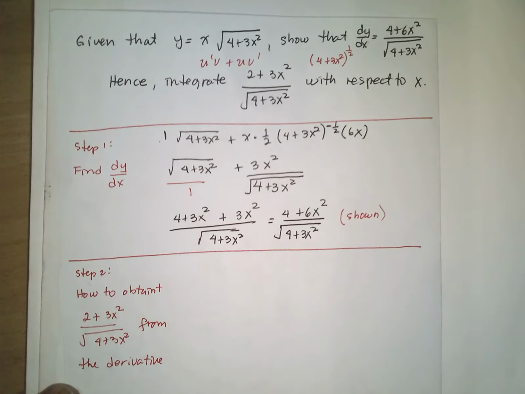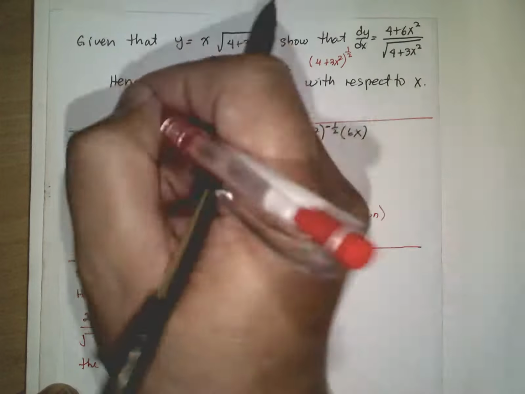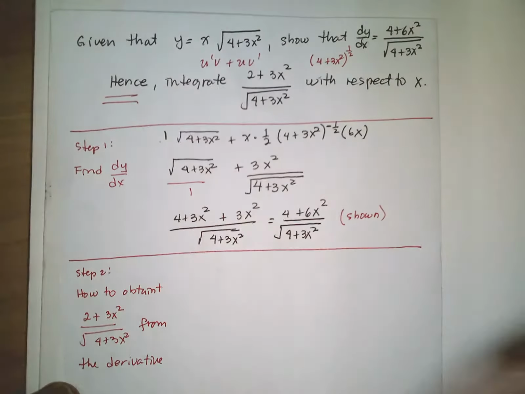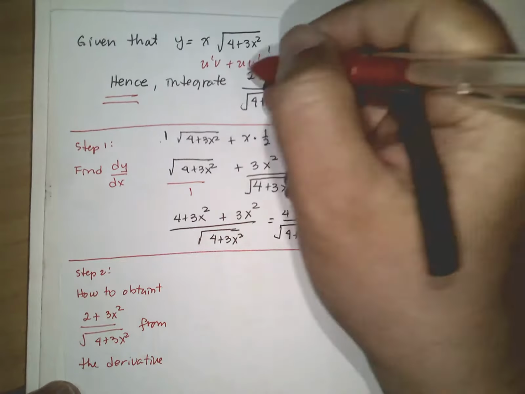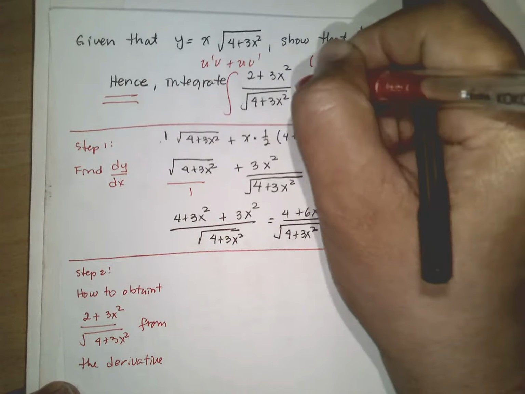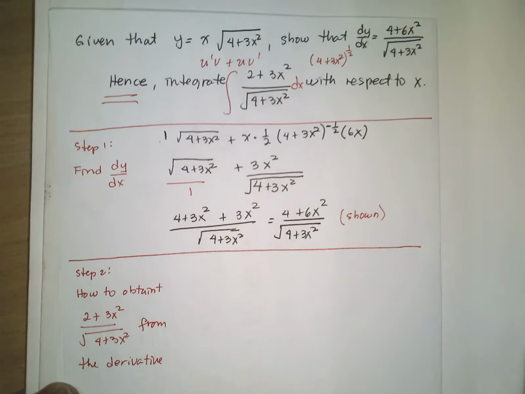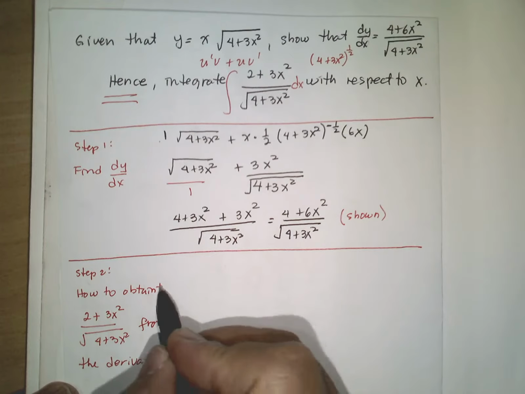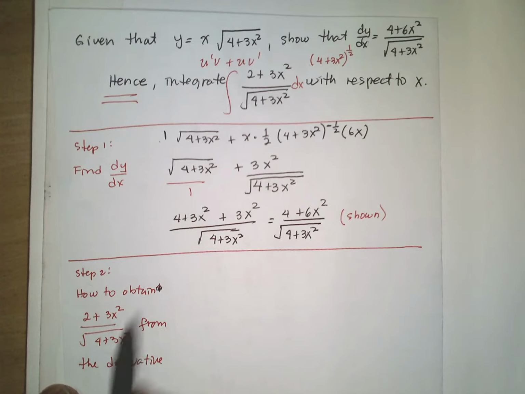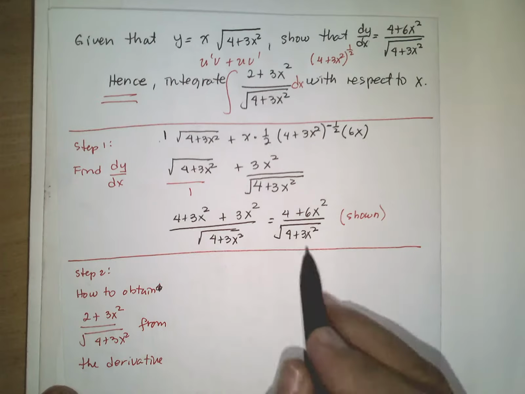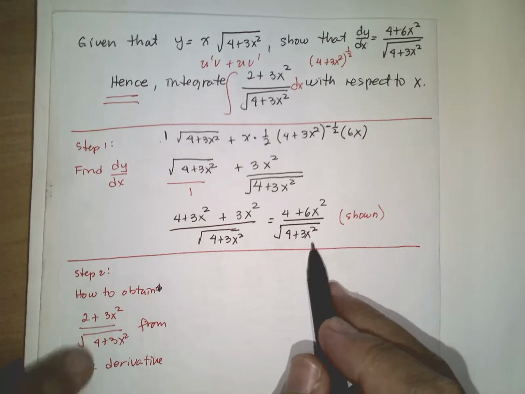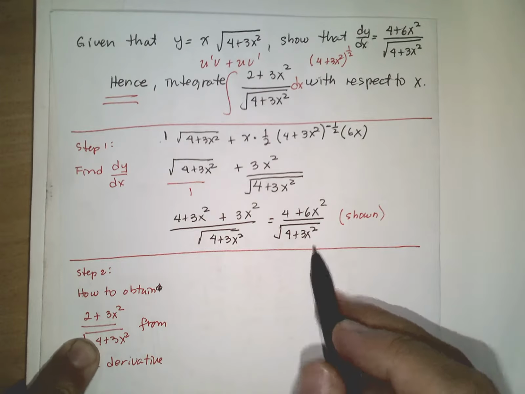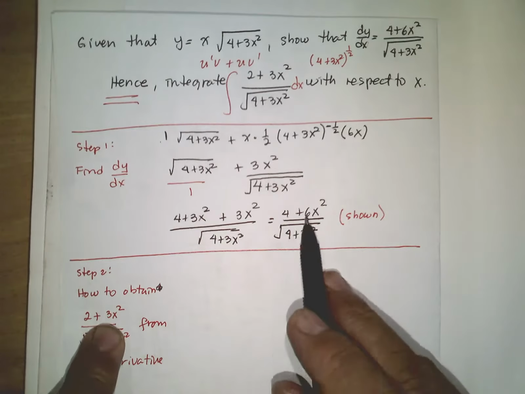Our step number 2 says, because it says hence, integrate this. Integrate means you find the integral of that with respect to x. Therefore, you need to ask yourself how to obtain this expression from the derivative. This is your derivative. How will you obtain this expression? As you can see, that is 2 plus 3x squared.